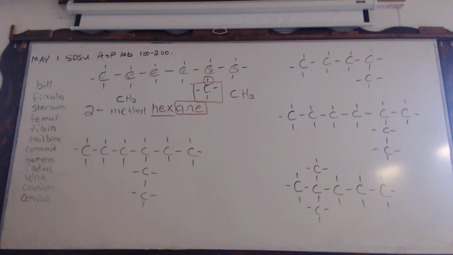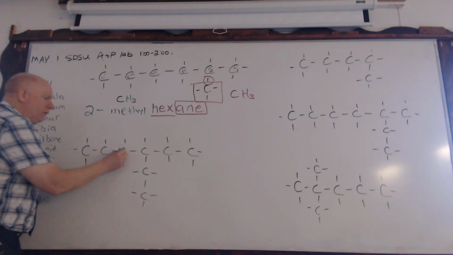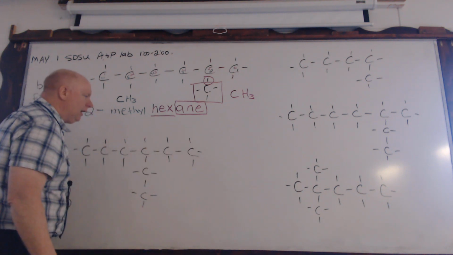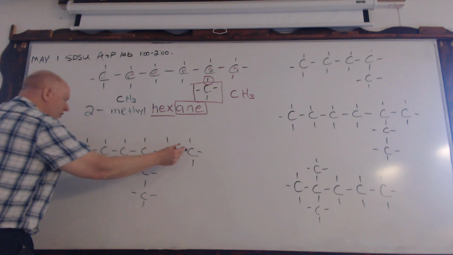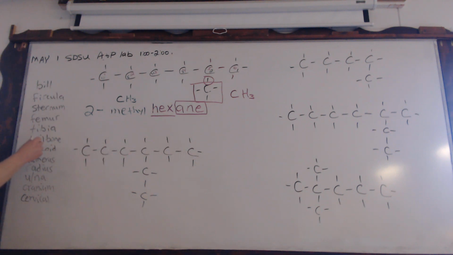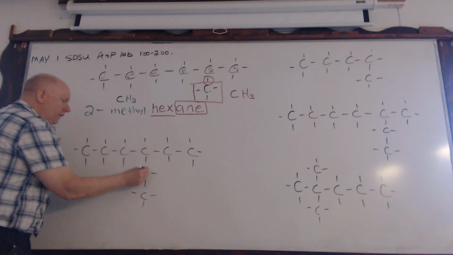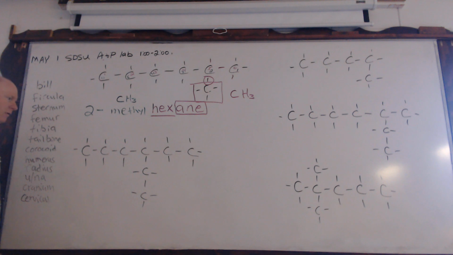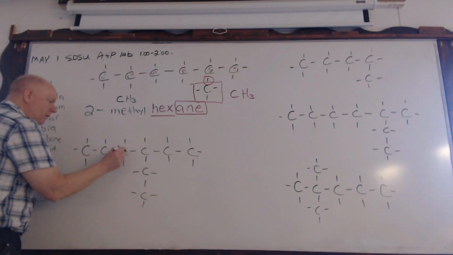Probably 6. Well, the first thing to do is just count left to right. So 1, 2, 3, 4, 5, 6. Okay? What happens if you go this way? Obviously you get 6. Maybe this parent chain branches. 1, 2, 3, 4, 5, 6.